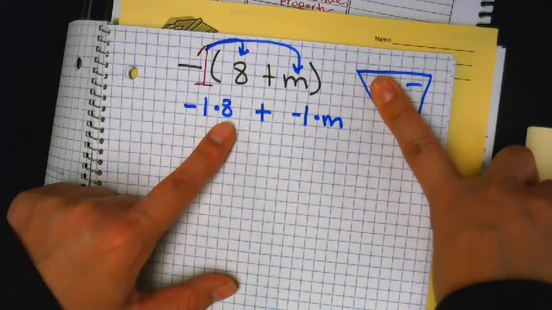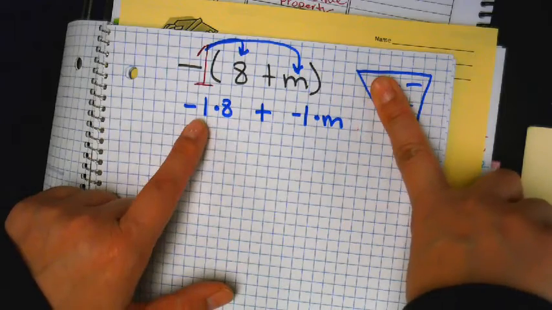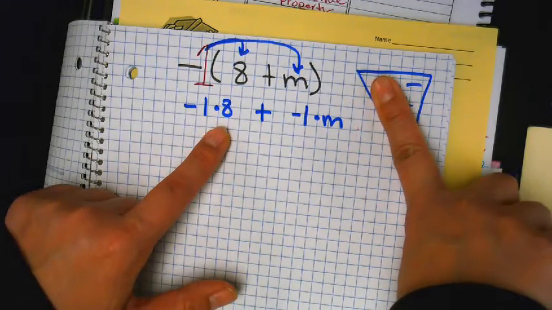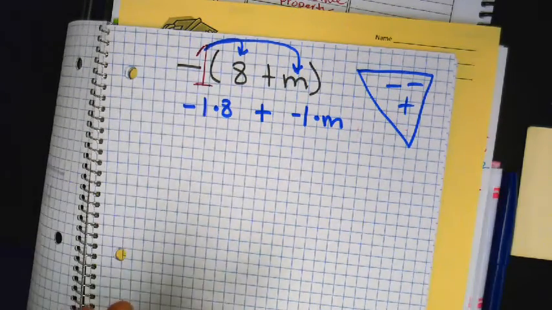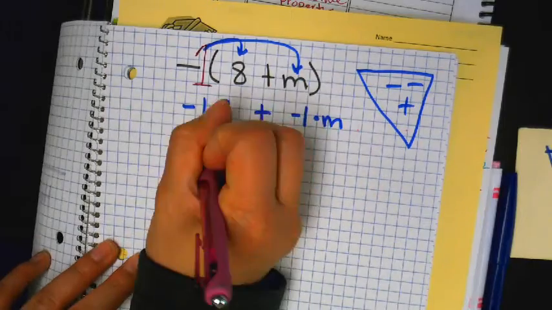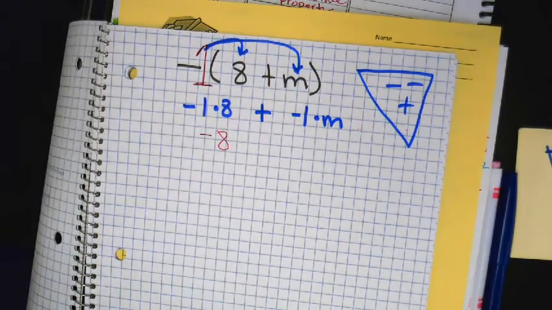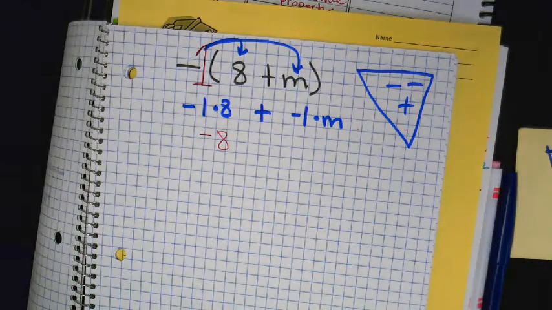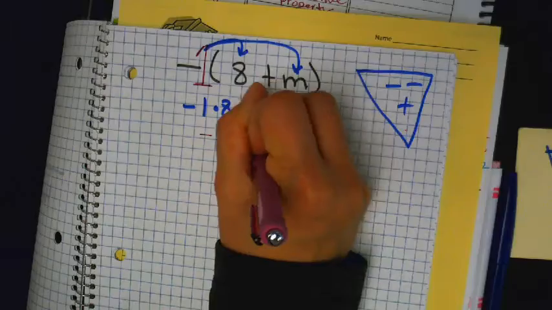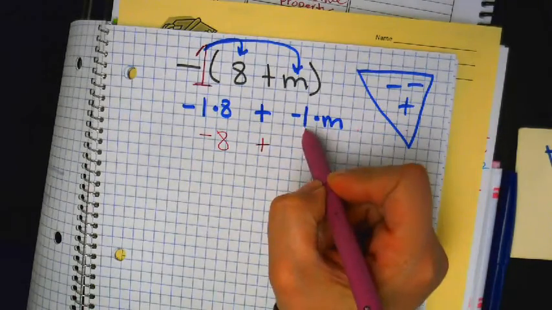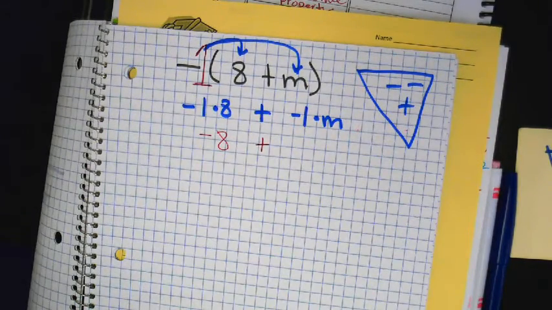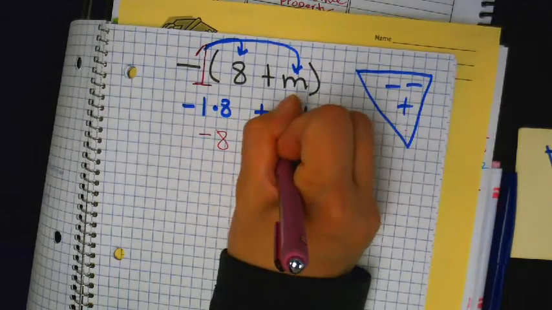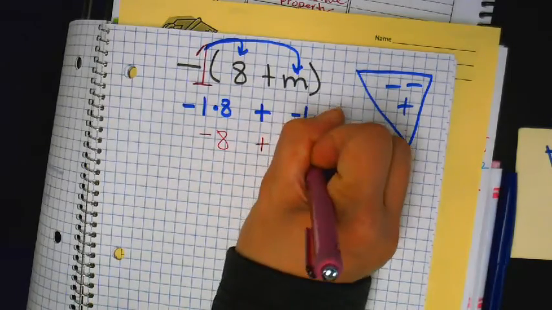A negative. Okay, what's 1 times 8? 8. So put those two things together. Our answer is -8. Plus, what do you think -1 times m is? -1m.